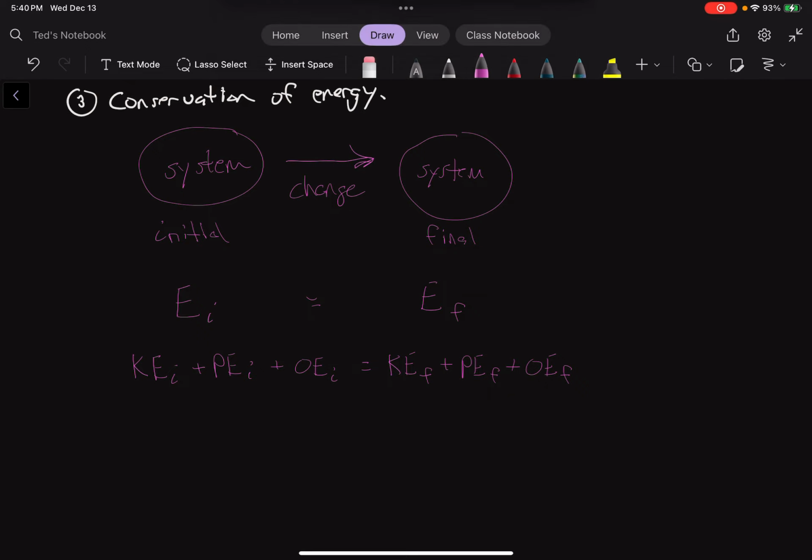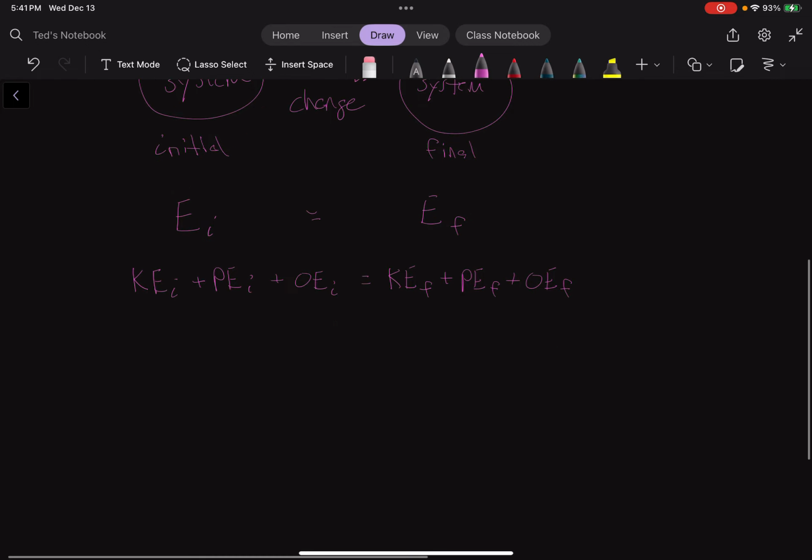And so what we're saying is the total energy at the beginning is equal to the total energy at the end, or the total energy that the system had before whatever happens is going to equal the total energy of the system after whatever happens.